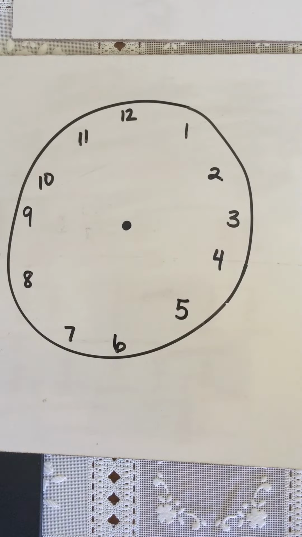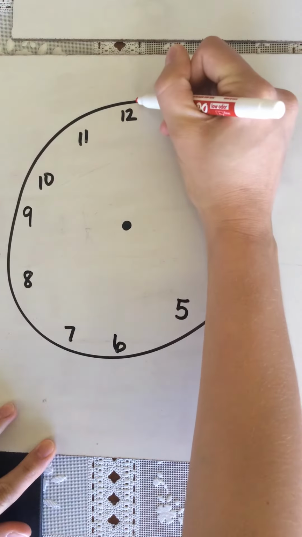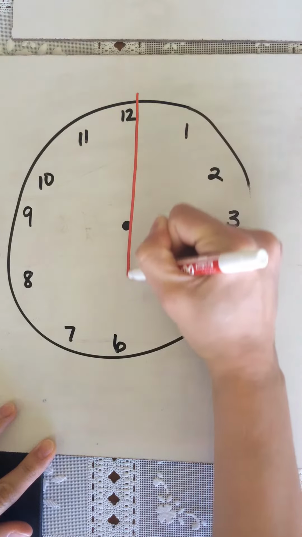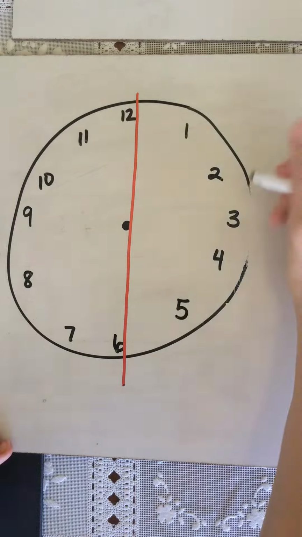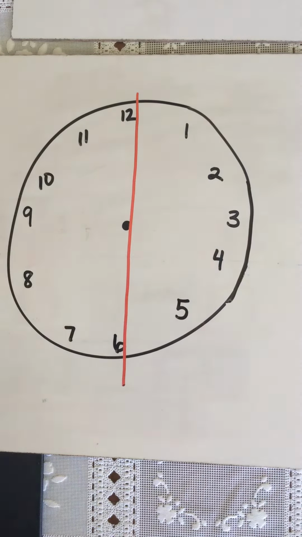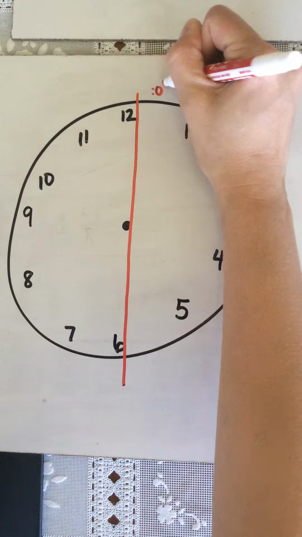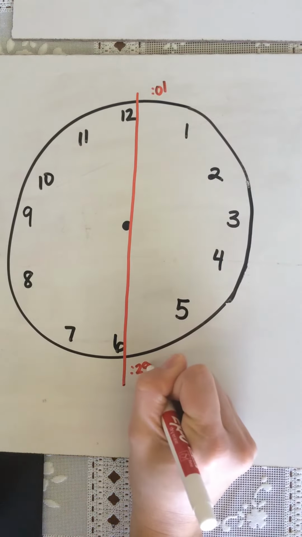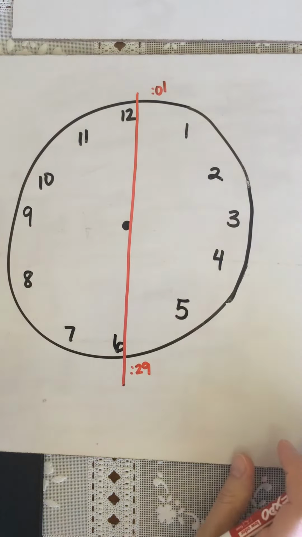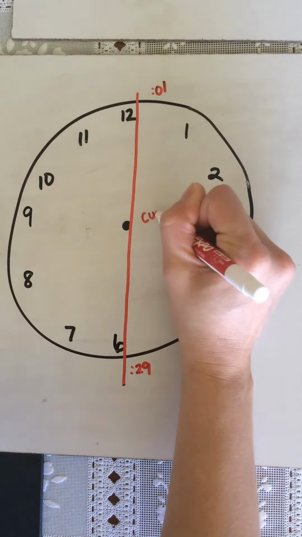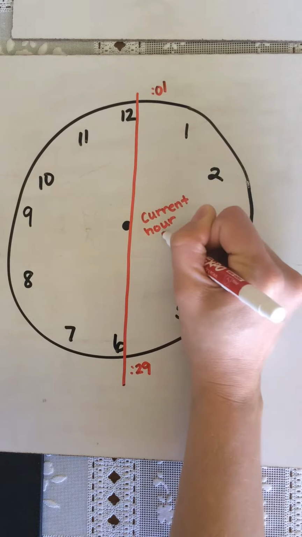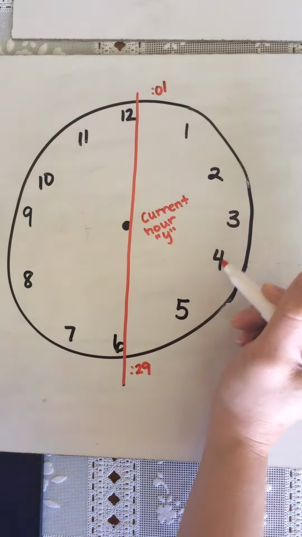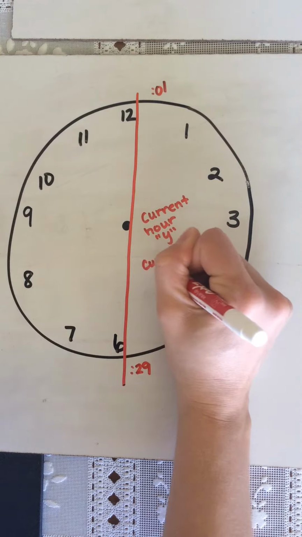All right, so in Spanish, we divide up the clock in half. Anywhere from 01 through 29, we're going to use the current hour, and, or plus, the current minutes.